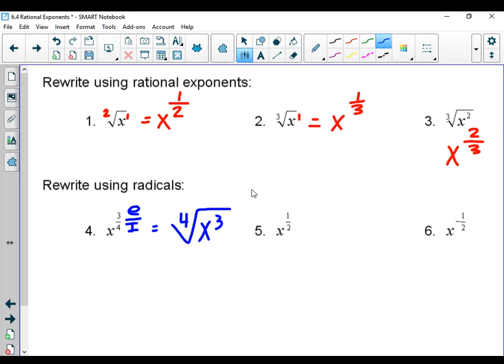And that's a little negative number right there. That's a little negative on number 6. They're both x to the 1/2, but 6 has a negative with it.